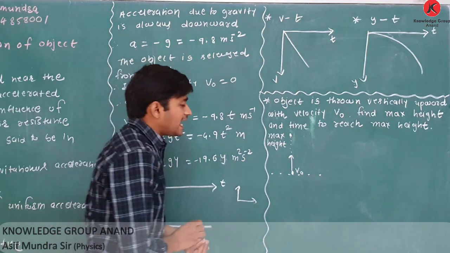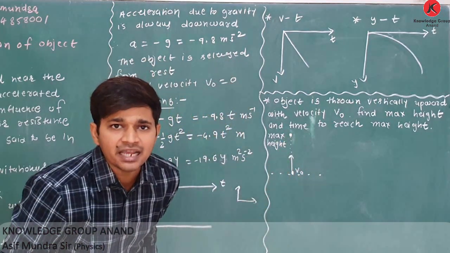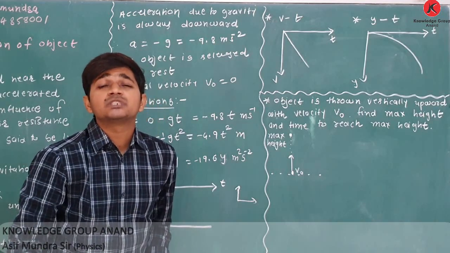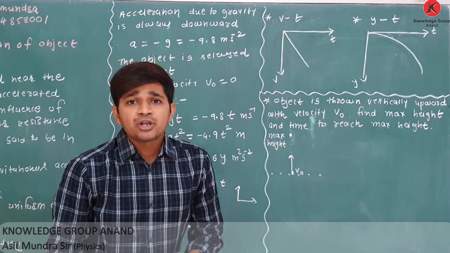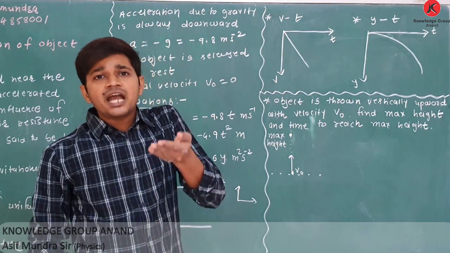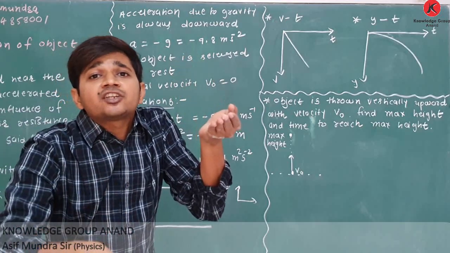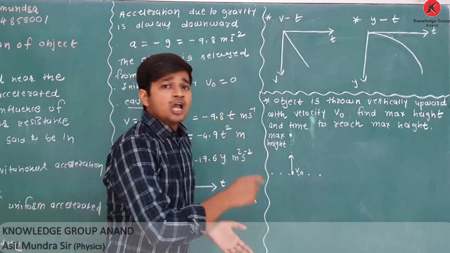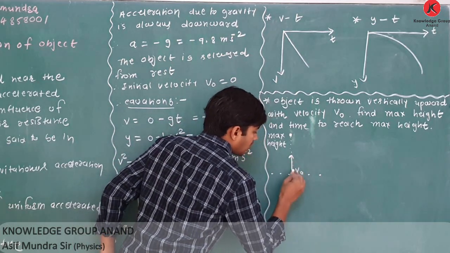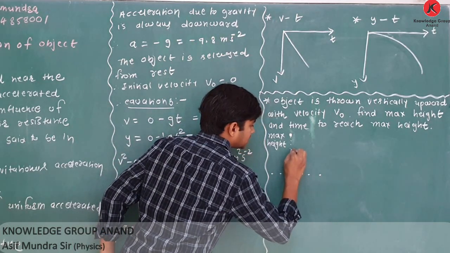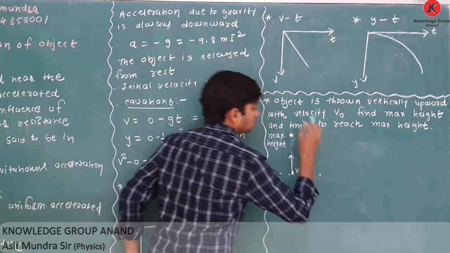When it is at maximum height, its velocity becomes zero. Why? Because the object is moving in upward direction, but gravitational force pulls the object in downward direction. So as it is moving upward, its velocity decreases, and at maximum height its velocity becomes zero.